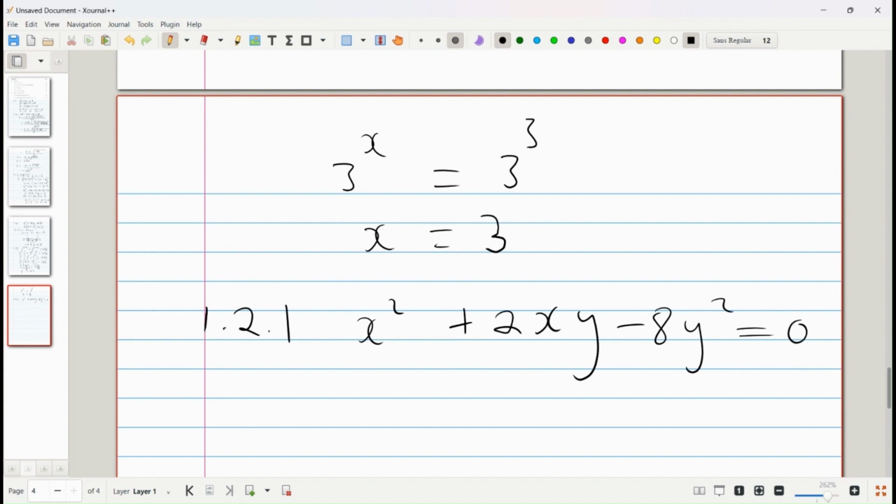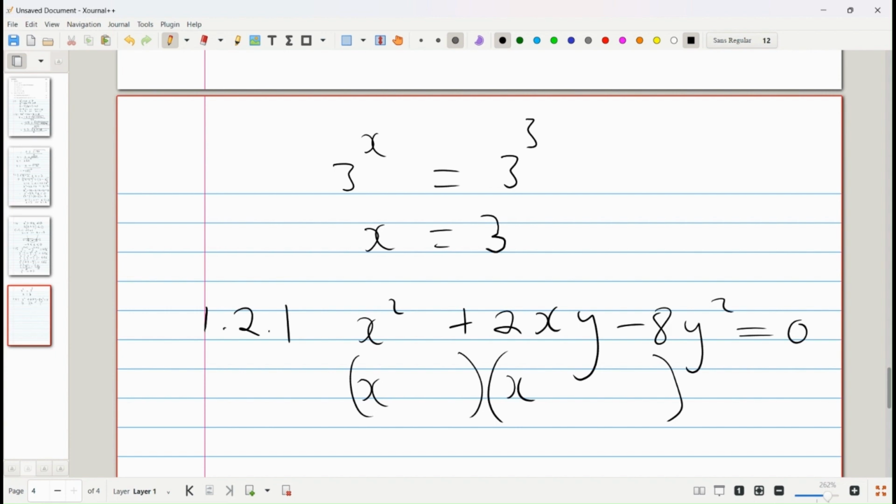So for the first step that we need to do, we can see we have a quadratic equation as well here. We need to find factors for this equation. So the first factor is very simple. For x, we have x and x. And then the next one is for negative 8y.